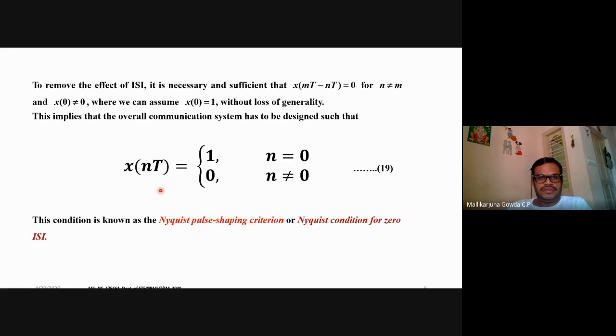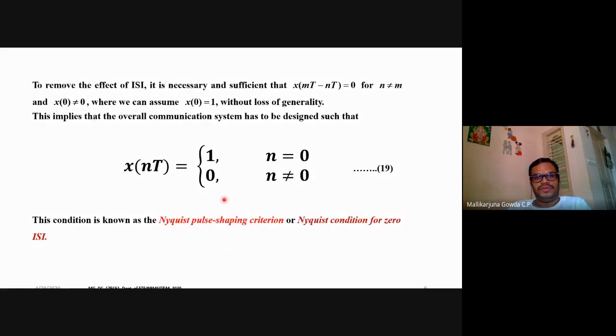The value of x(nT) should be equal to 1 only at n equal to 0, where you can think of n as the time axis. Only at n equal to 0 should I get the maximum pulse amplitude, with a magnitude of 1, and for other values of n it should be 0. So this condition is known as the Nyquist pulse shaping criterion, or the Nyquist condition for zero intersymbol interference.